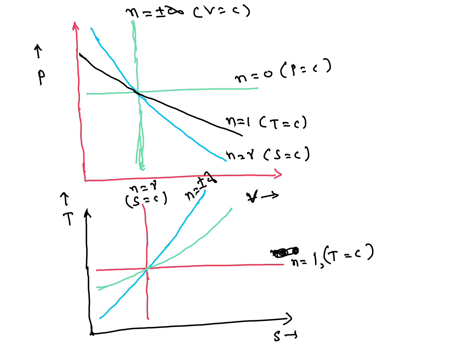Here n value equals 0, constant pressure process. This one constant pressure process, this one constant volume process, for different values of n. So many times, 3-4 times, they asked questions from these two graphs.